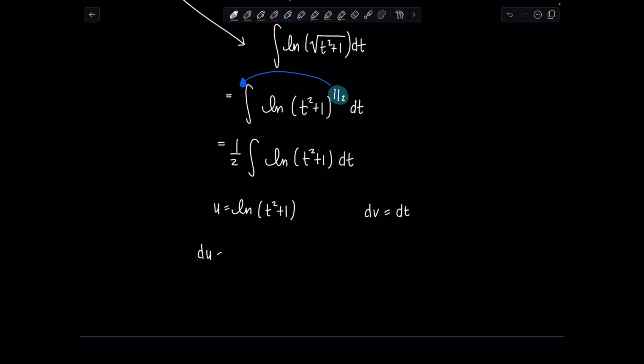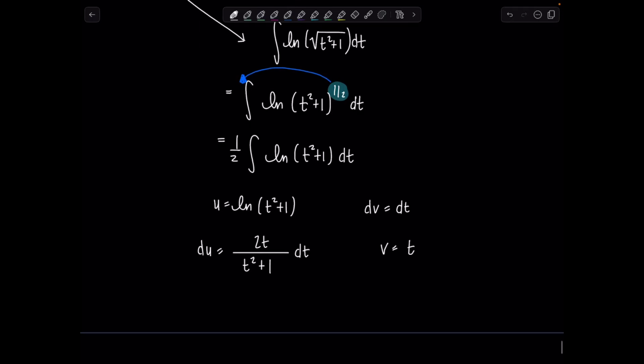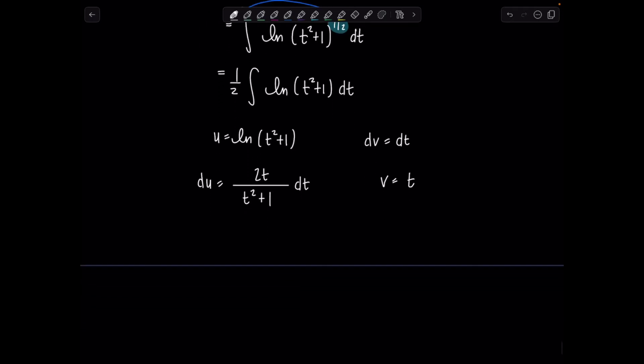Now let's find du and v. So du, derivative of natural log something, is 1 over the something times the derivative of what's inside, dt. And then v is just going to be t. Good. Now don't forget you have that 1/2 outside though, okay? So this is going to be 1/2. I'll just put some brackets.